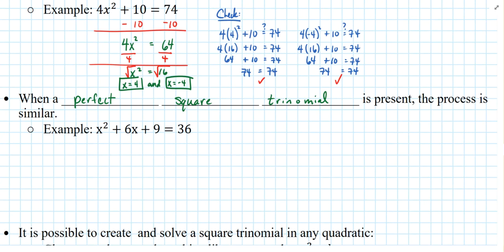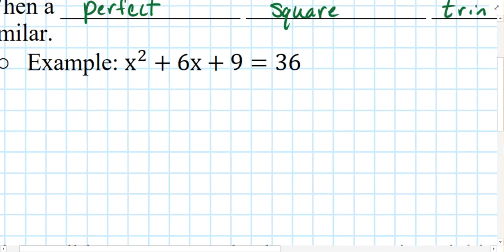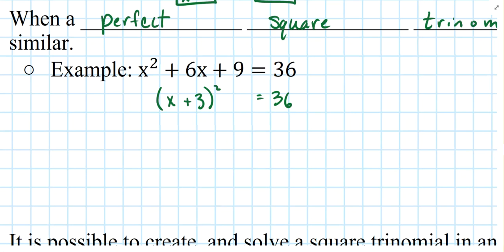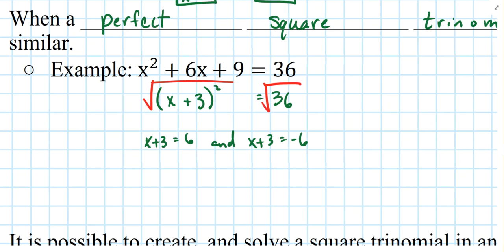When a perfect square trinomial is present in an equation, the process is similar. After factoring, we could find the square root of 36. The binomial x plus 3 is equal to 6 and negative 6.